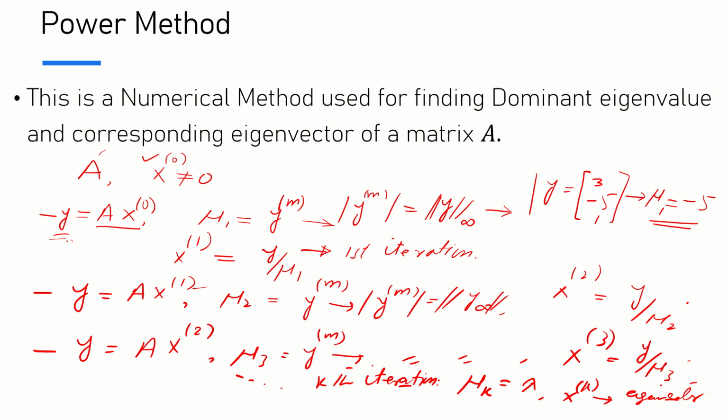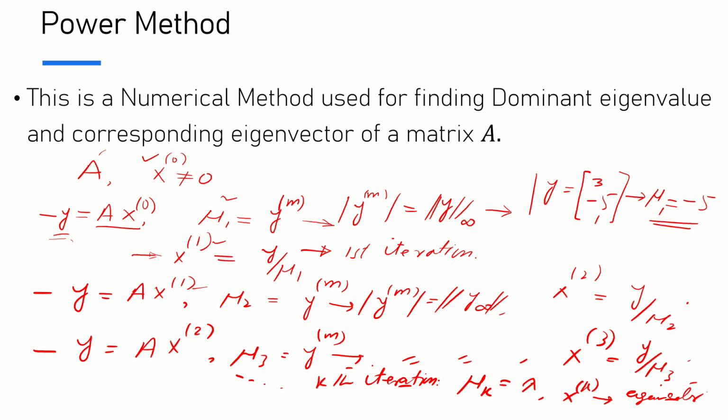Then we pick the numerically largest value in y and normalize y by that value, which gives the first iterative value of the eigenvector. Mu1 is the first approximation of the corresponding largest eigenvalue, and then we repeat this process. This process is known as the power method.